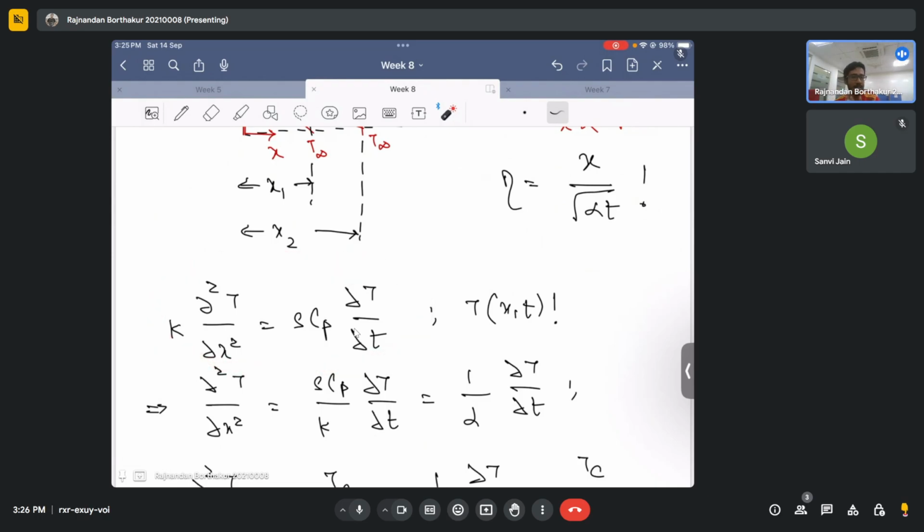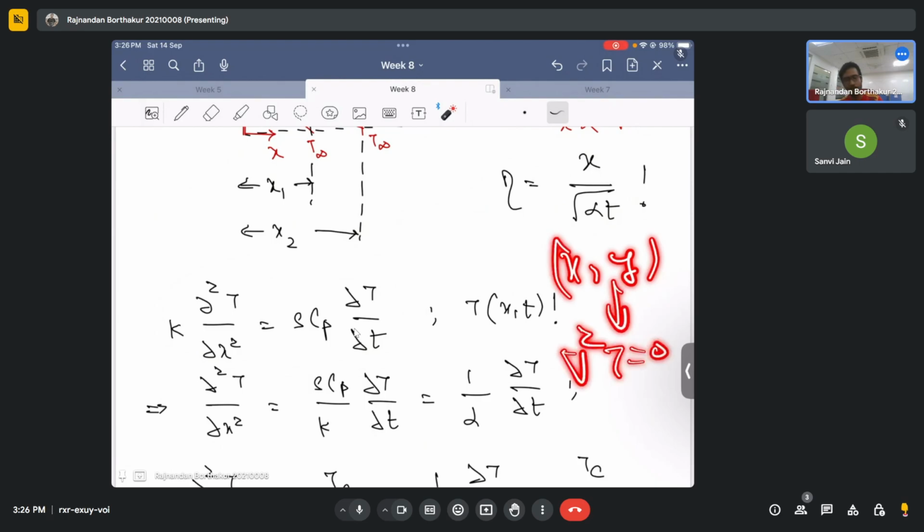The idea is that we write this governing equation in terms of the similarity variable, which converts the partial differential equation into an ordinary differential equation. This is similar to what we do in the method of variable separation. Remember, in the method of variable separation, our independent variables were x and y, because we solved the Laplace equation.